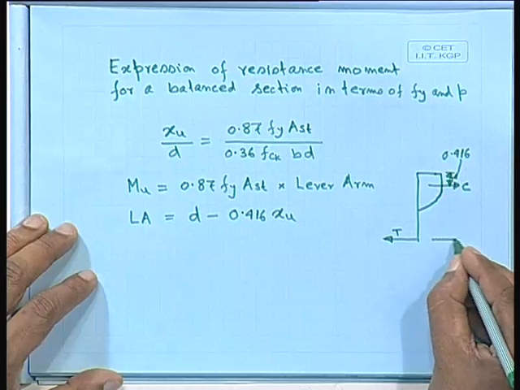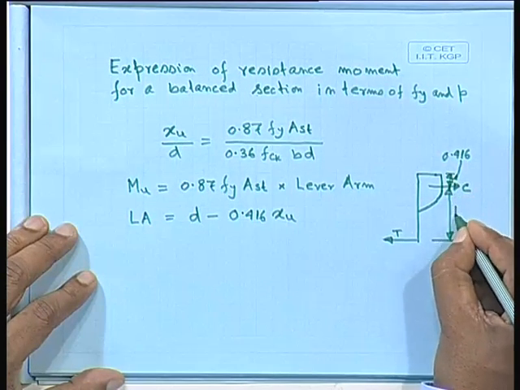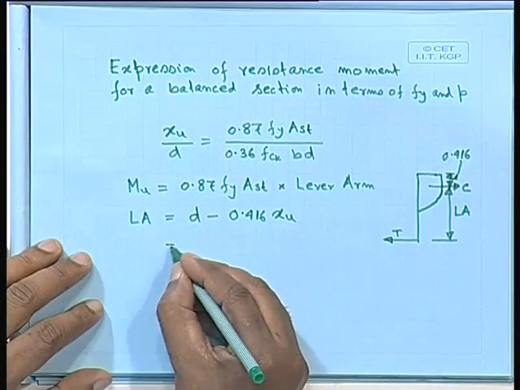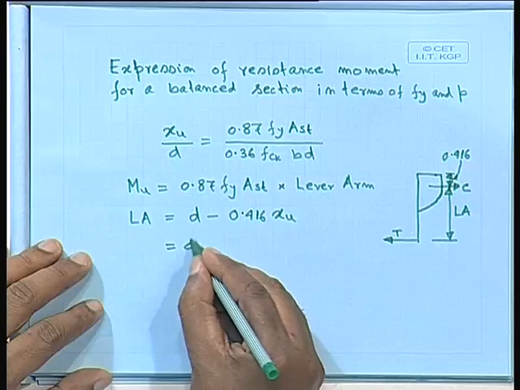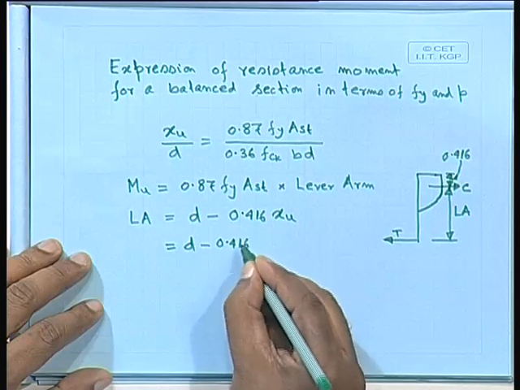And this is your lever arm, equal to D minus 0.416 XU.